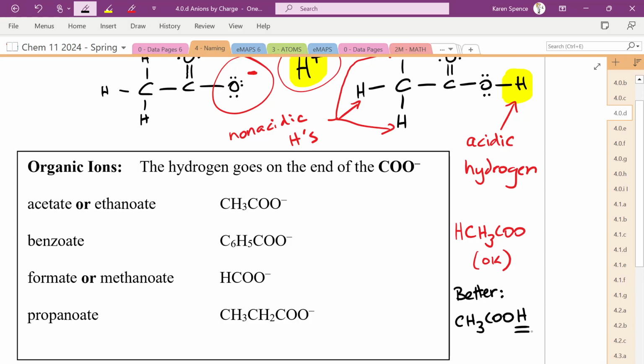It sits on that oxygen. So either of them would be okay when you actually form the acid, but it's better to put it on the COO. And if you're confused by that, don't worry, you'll get practice. Okay? So you will be using those parts of your chart in order to do the acid naming.